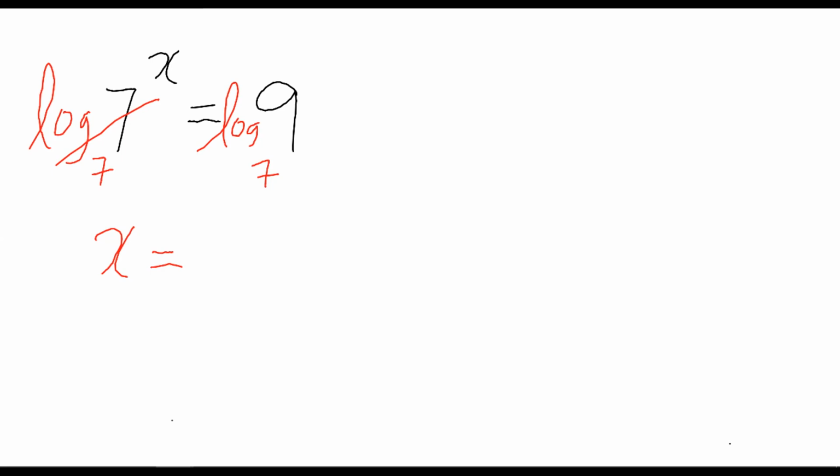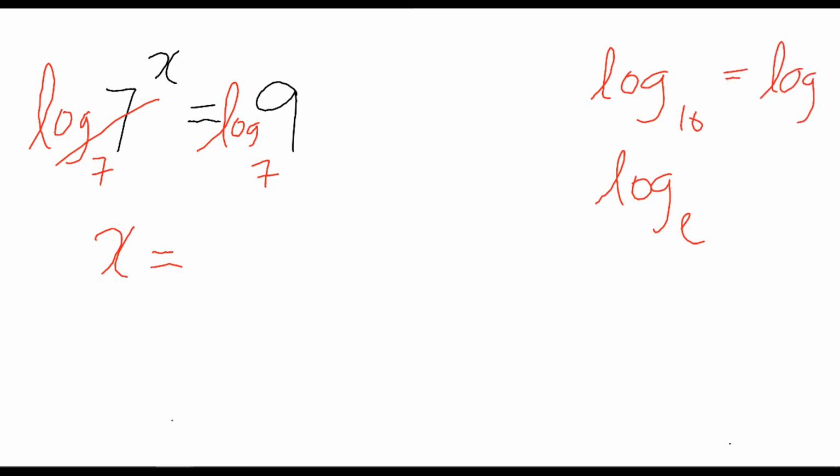So your calculators usually have a log base 10 button and a log base e button. It will say log on your button, and this will say ln on your button, right? We don't usually have log base 7 in our calculators. Because of that, we don't do this, but we do something similar.